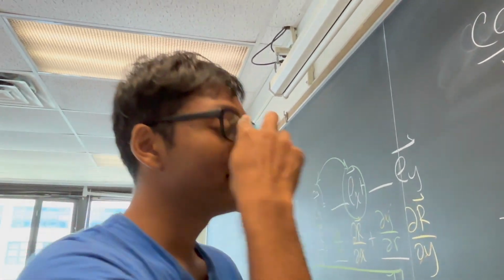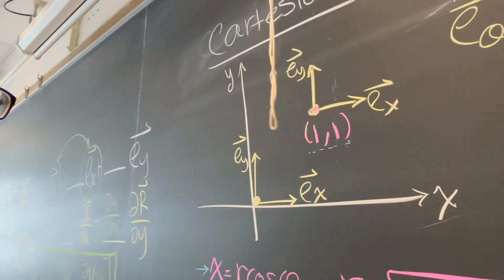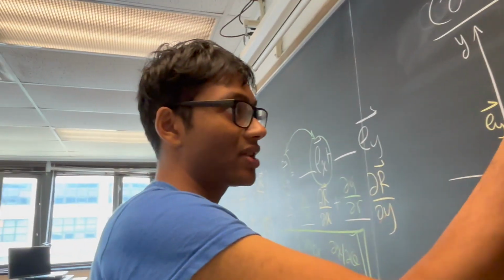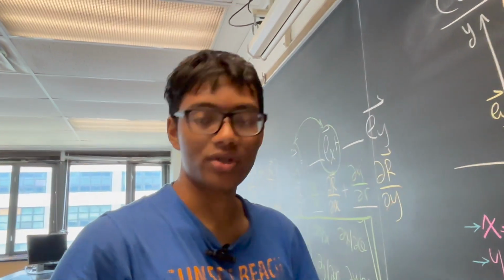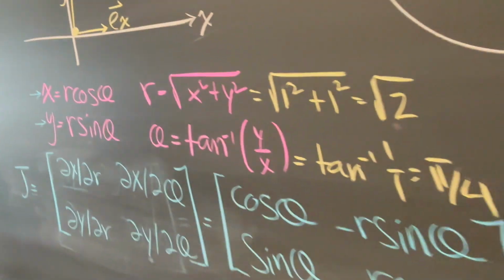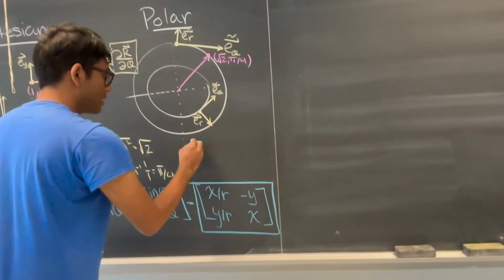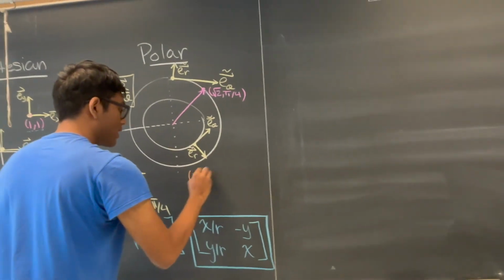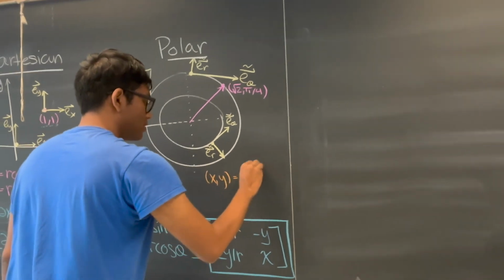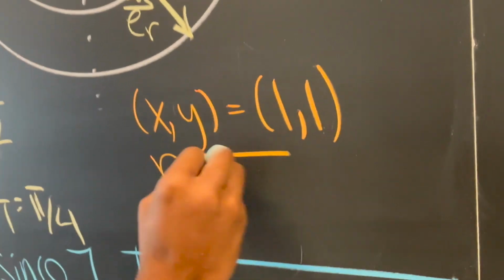So now let's plug in our numbers. Here we have the point 1, 1. These are the basis vectors e sub x and e sub y in the Cartesian coordinate frame. So let's plug that into this matrix and see what we get for our polar coordinate frame. Remember that our x and y coordinates in Cartesian were 1, 1, and our r value was the square root of 1 squared plus 1 squared, which is the square root of 2.